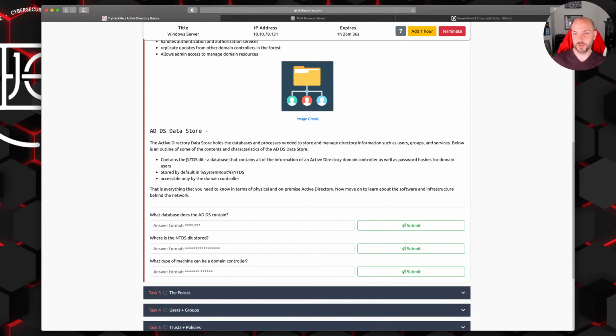It's also important why you want to have very complex and long passwords, because that makes the hash super, super hard to crack. Let's see, anything else? The NTDS.dit is stored under system root, so maybe the C drive and then NTDS. And it's accessible only by the domain controller.